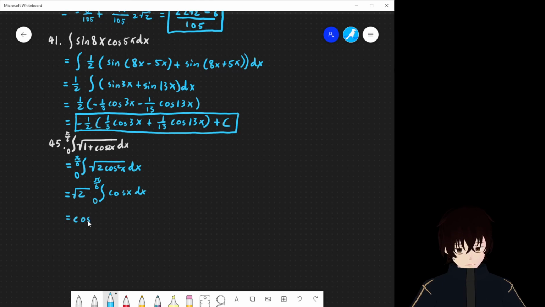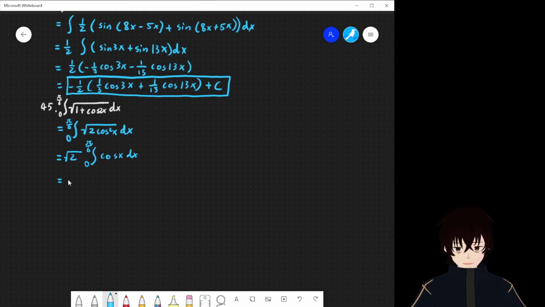Hang on, respond please. Why is it that every single time I do Control Z, it just lags? Square root 2 times sine x from 0 to pi over 6. Sine of pi over 6.